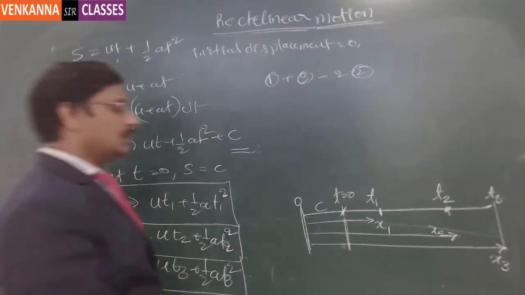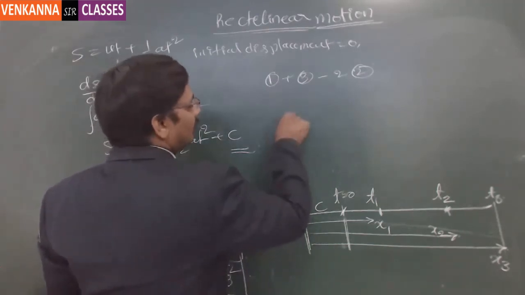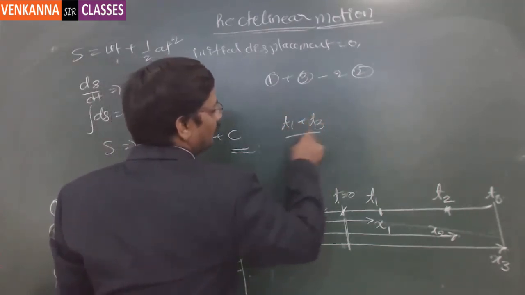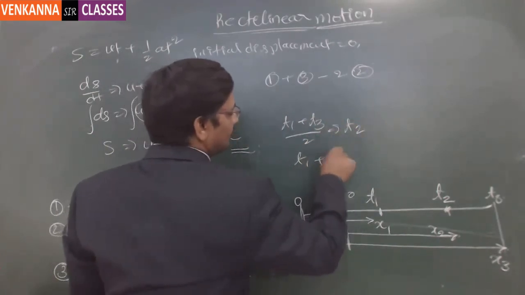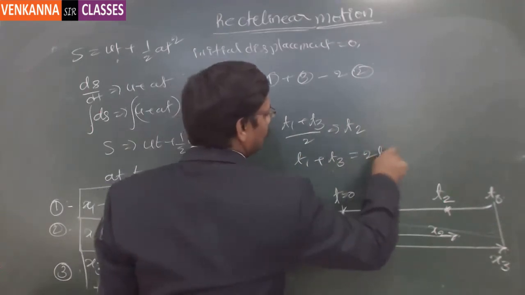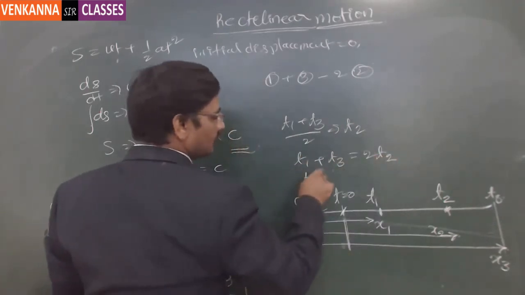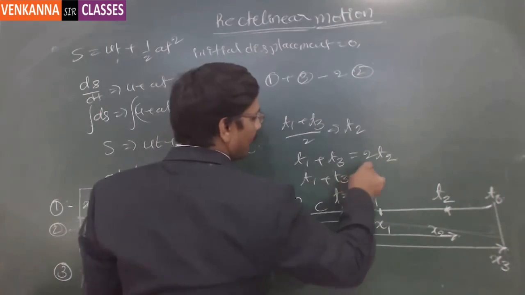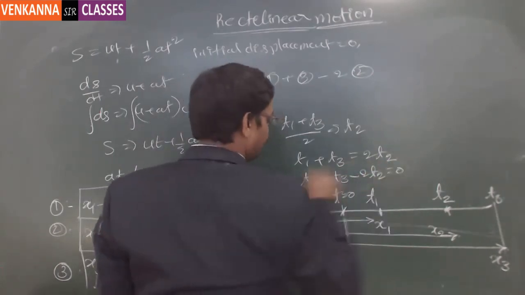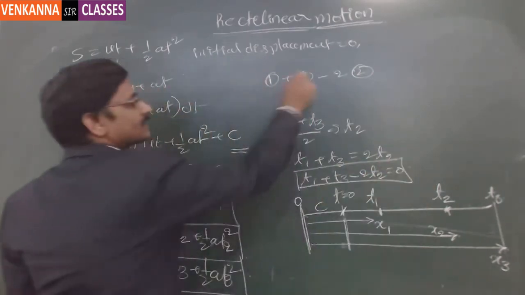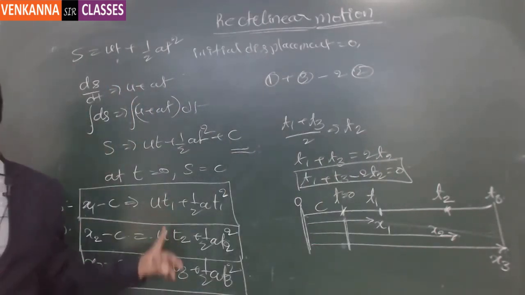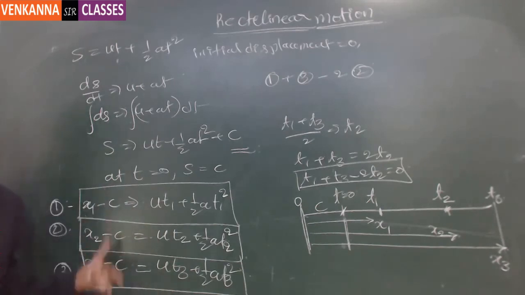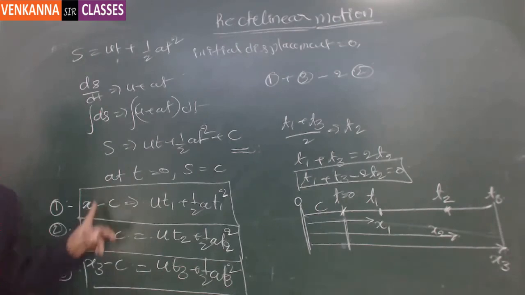So if t1, t2, t3 are in AP, then (t1 plus t3) by 2 is equal to t2. From here, t1 plus t3 is equal to 2 times t2, or if I bring this over, t1 plus t3 minus 2t2 is equal to 0. By making this kind of relation, I can make this part 0. That is the only hope. And on this side also, c plus c minus 2c, again this part I can make 0.